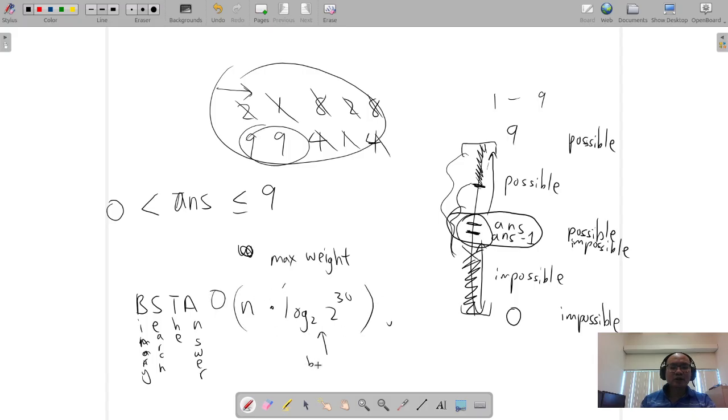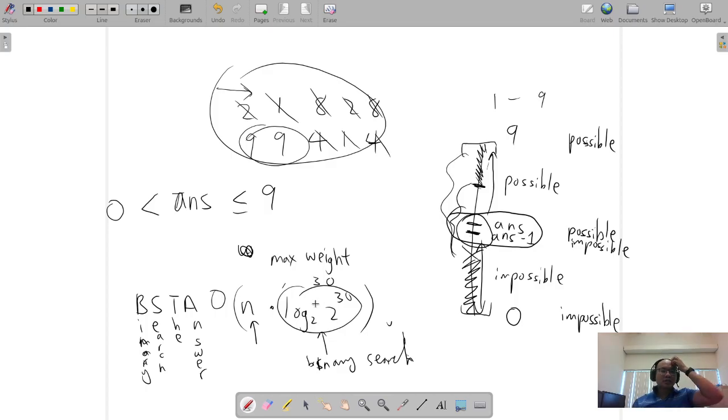This is a binary search, and for each thing that you're testing, it takes linear time to check. And of course, log 2 of a billion is 30. So this is actually quite fast even though n is big. N is a million, so this is at most 30 million.